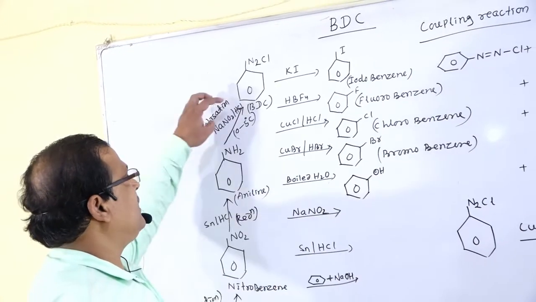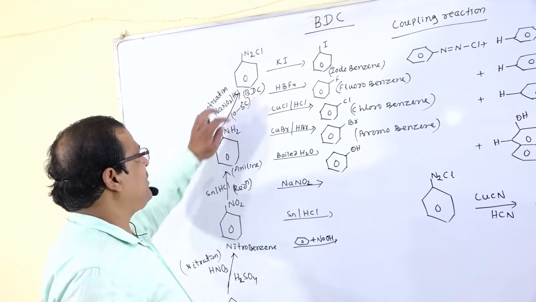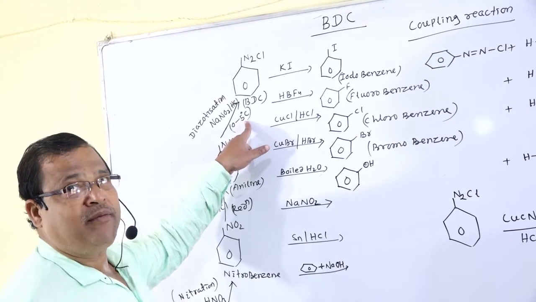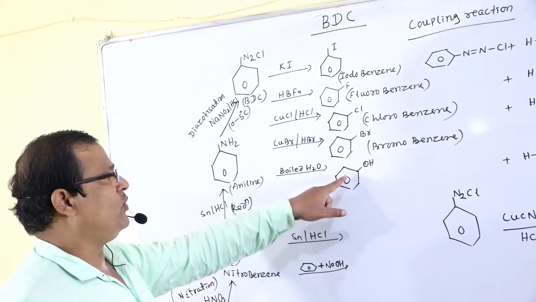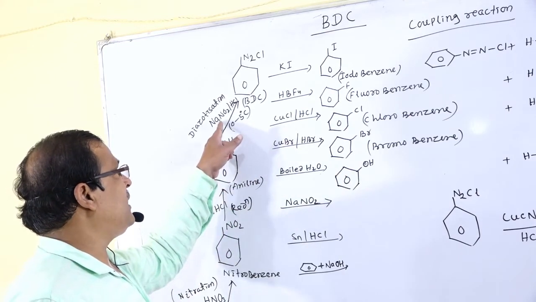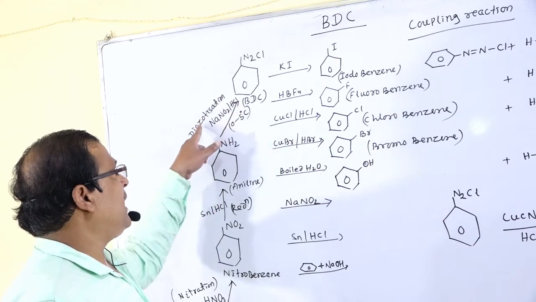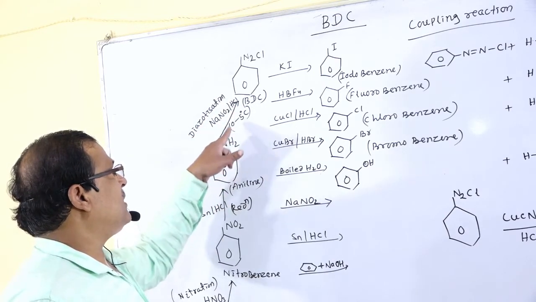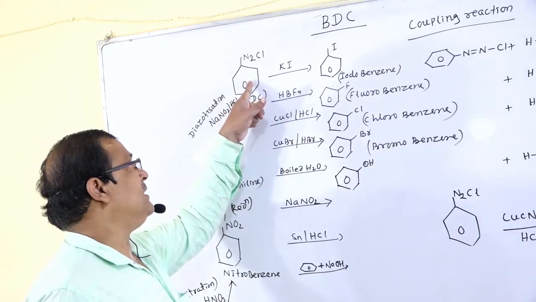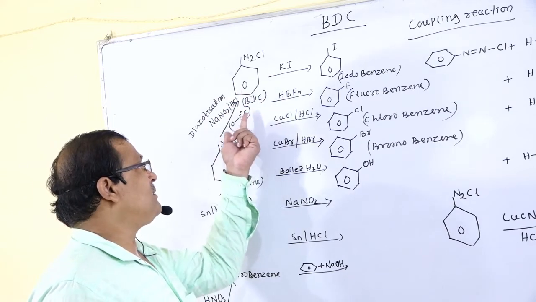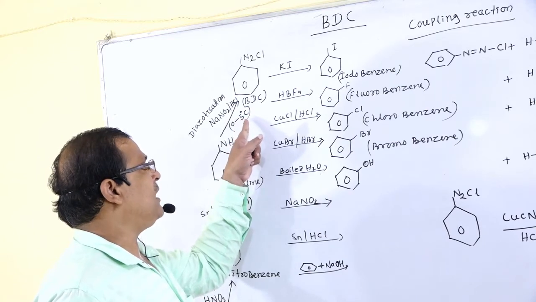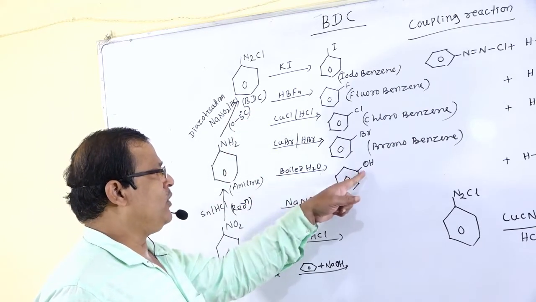Therefore, during the formation of BDC from aniline, treated with NaNO2 and HCl, that is nitrous acid, the temperature must be maintained within 0 to 5 degrees centigrade, that is 273 Kelvin to 278 Kelvin, otherwise phenol will be formed.